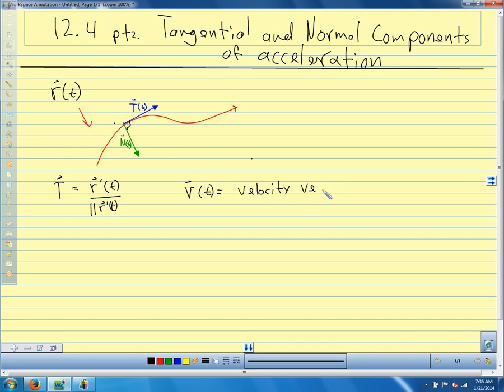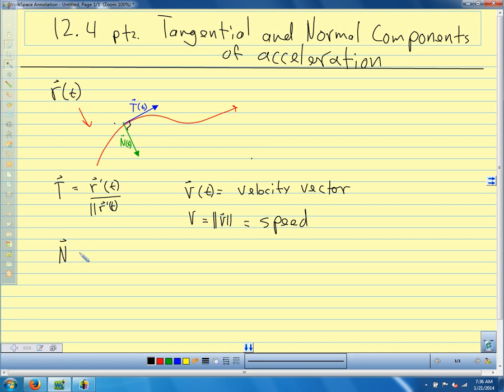We'll say this is the velocity vector, and just v without the vector is the magnitude of our velocity vector, and we're going to call that the speed. So the magnitude of our velocity vector is the speed.